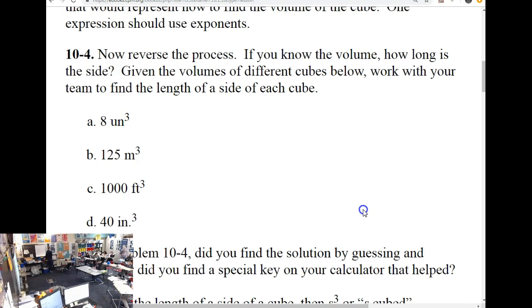And then it'll show you the answer. Wait, how do you cube root something?